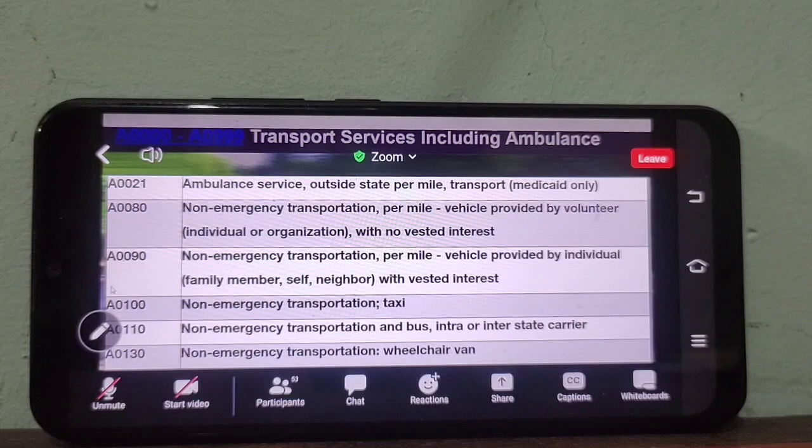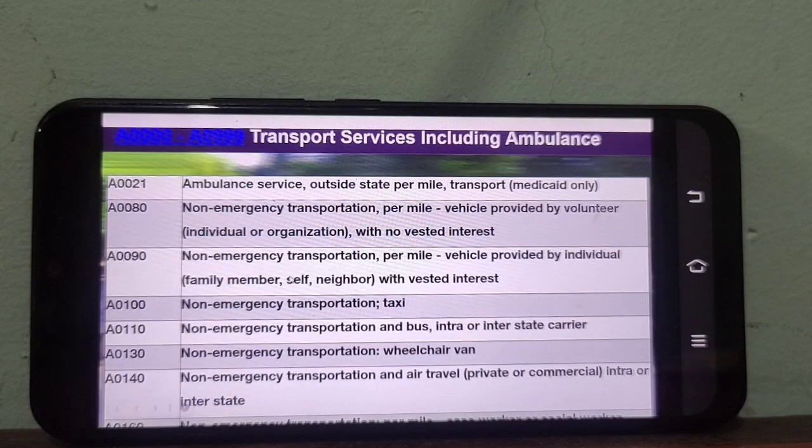Vehicle provided by an individual, such as family members, the patient themselves, or a nearby neighbor, go for 90. A0100 is for taxi transportation, 110 for bus or intrastate or interstate carrier, 130 for wheelchair van, 140 for air travel. According to the transportation service, the code sections are classified.